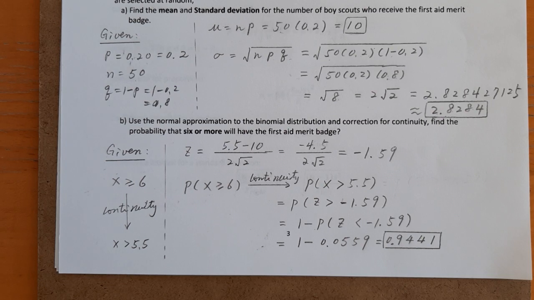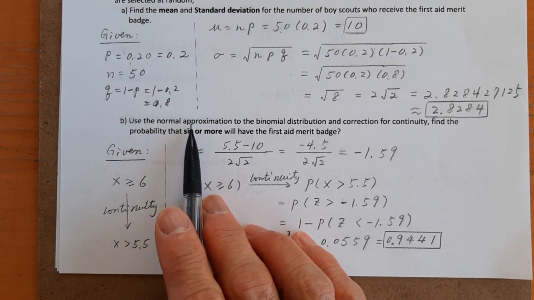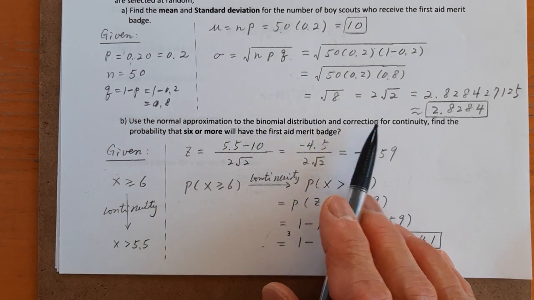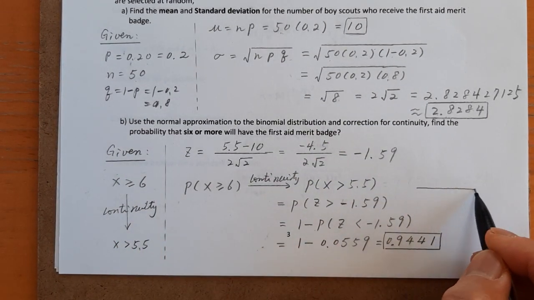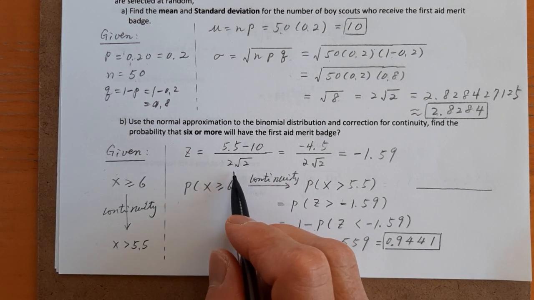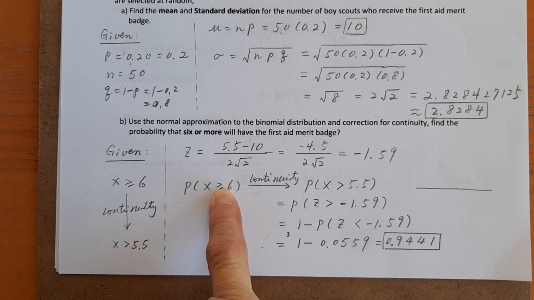So we are going to use the normal distribution to approximate the binomial distribution. We have to correct for continuity. Now this is a 6. Probability of x greater than or equal to 6. If you just use 6 with the table, you will not get 6 included, because the table is only for greater than or less than, not for greater than or equal.